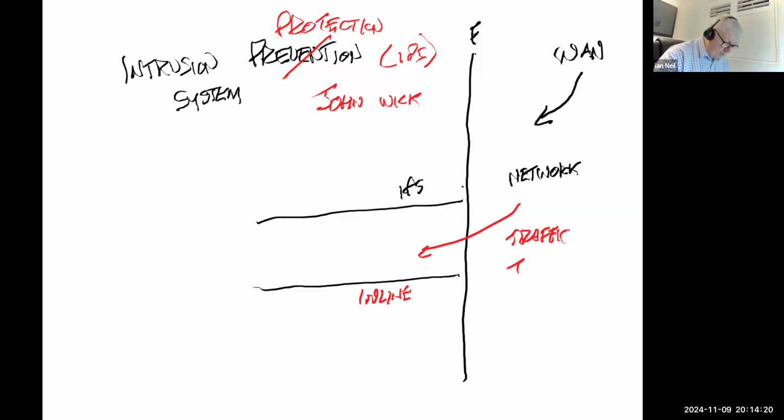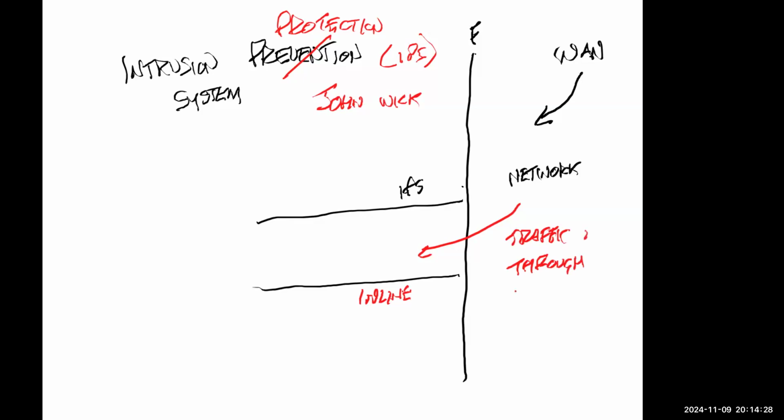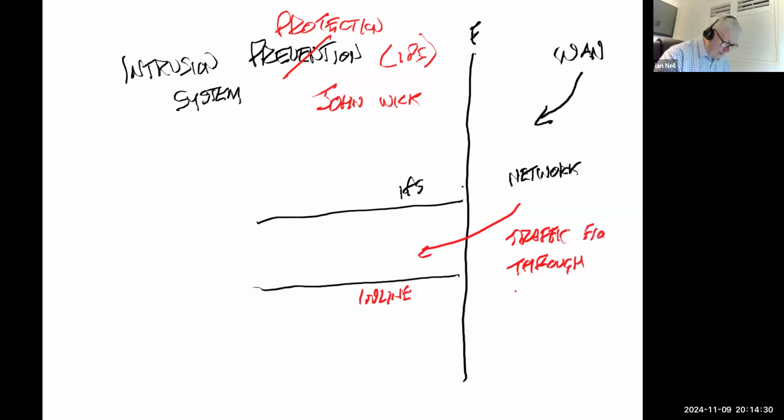The IPS can search the traffic for traffic that we don't want. So the traffic flows through, and the job of the IPS is to protect my network. If you see one that starts with an N, like NIPS, it does the network.